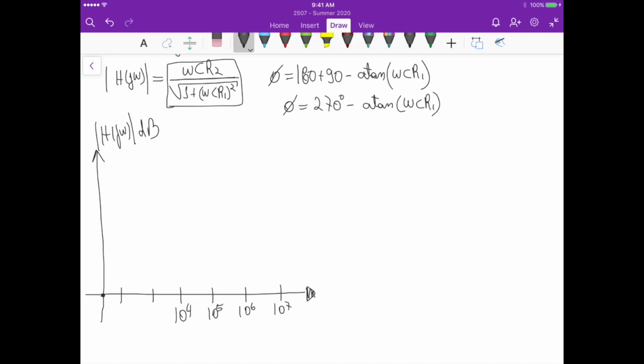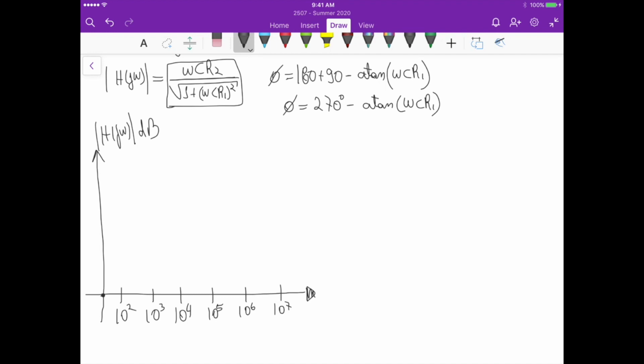To the 4, 10 to the 3, 10 to the 2, and exactly here it's 10 to the 1. So the origin here is 10 to the 1. We have specified that for a high frequency gain we would expect to have 60 dB, and we know that the 3 dB frequency is exactly at 10 kilohertz.